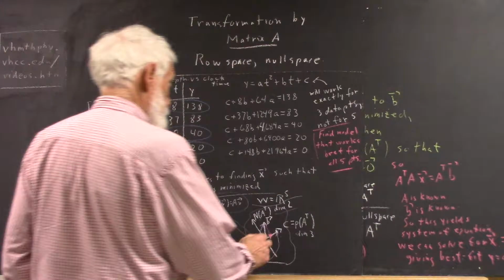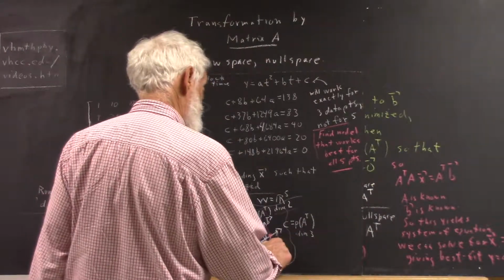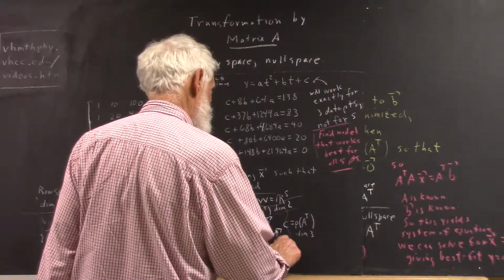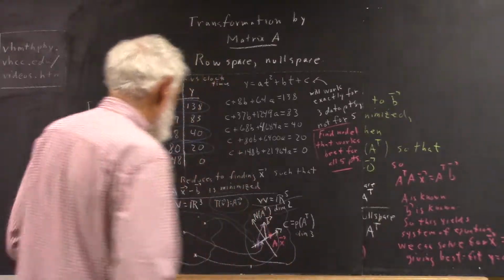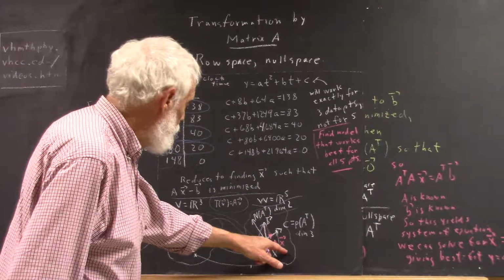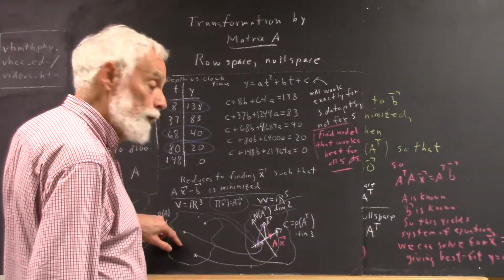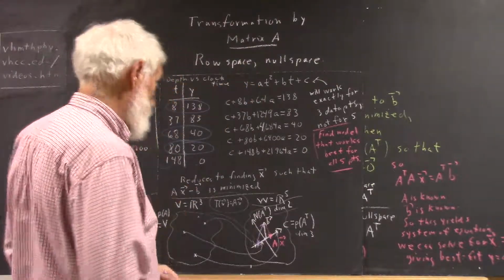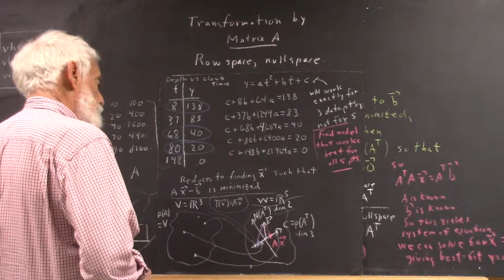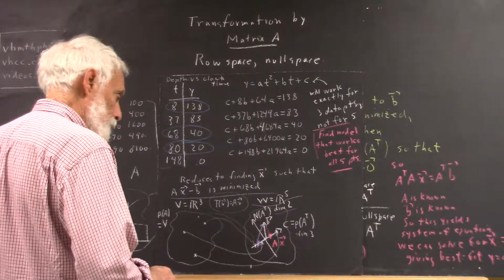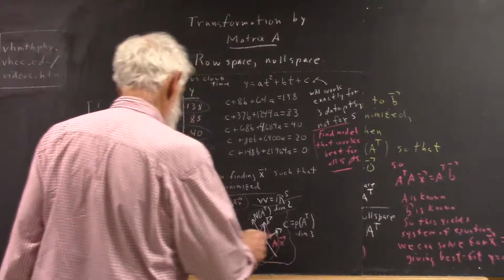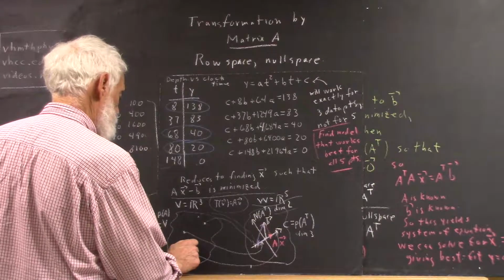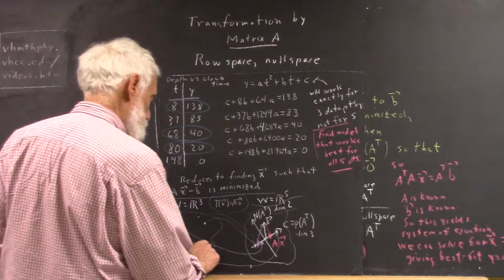So here is the transformed vector AX for the vector that we're trying to find over here, the X vector, that gives us our values of A, B, and C. So this vector is the image of a vector over here, say this one.